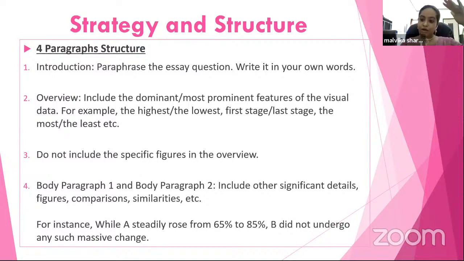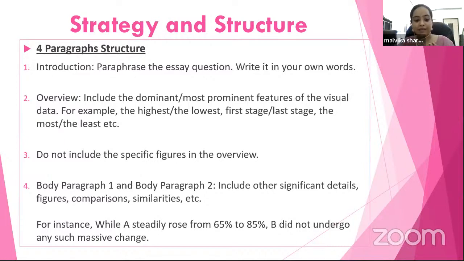Then after introduction, we have overview, and then after overview, we have our two body paragraphs. Okay? So body paragraph 1 and body paragraph 2. Now this is the area in which we are actually going to include all the details, the facts, the figures, if we have to make some comparison, if we have to show some similarities, all the other significant details. Of course, they are also important, right?